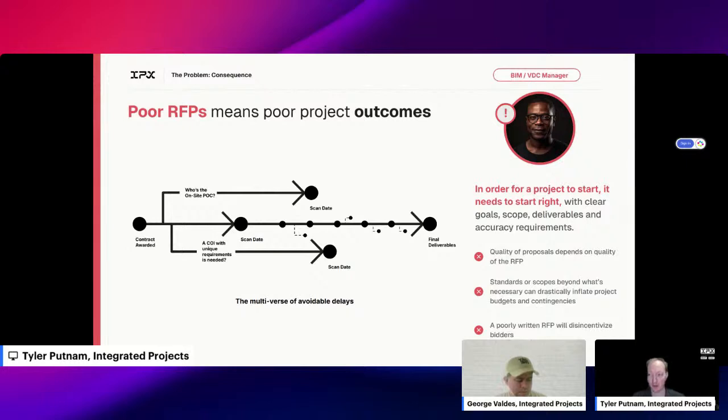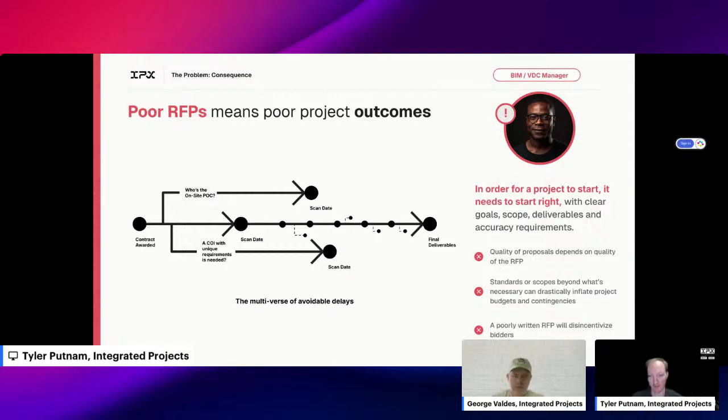But if you are in the unfortunate position of having to go through this really lengthy and arduous process of putting together an RFP, the one thing you should really identify is that if you write a poor RFP, it means more than likely you're going to have poor project outcomes. RFPs, as mentioned, are at the very beginning of the project.